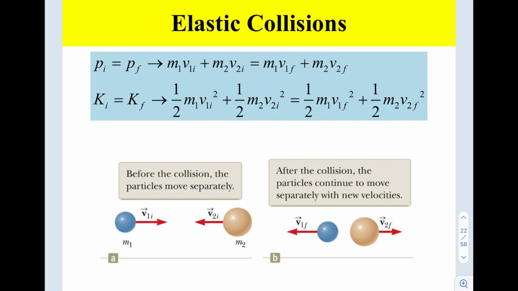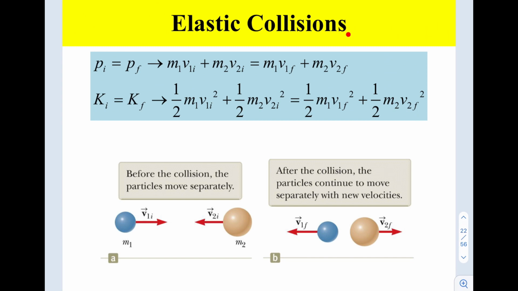For elastic collision, besides the momentum being conserved, similar to the previous case, since it's elastic, they are not going to stick together. They are going to move with their own velocity. So momentum final for object 1 plus momentum final for object 2 is equivalent to momentum initial of object 1 plus momentum initial of object 2, right?